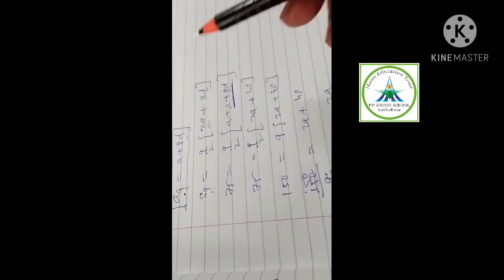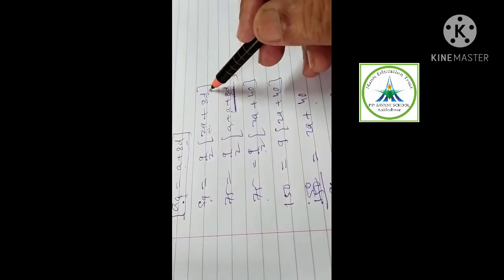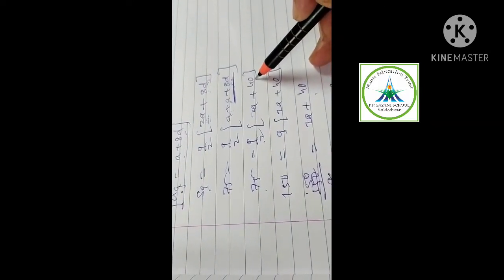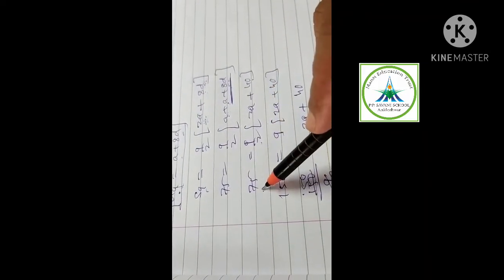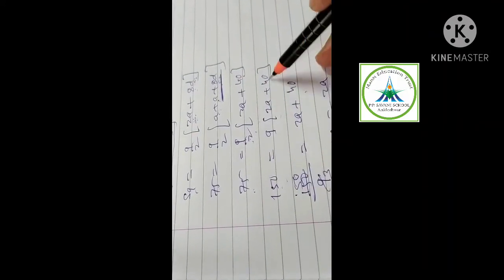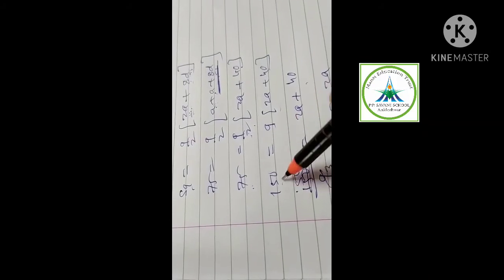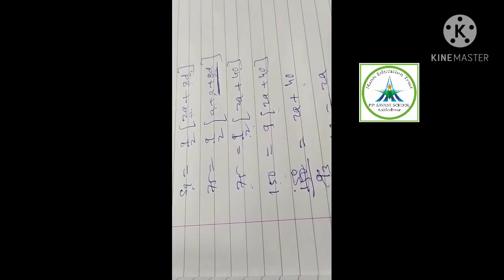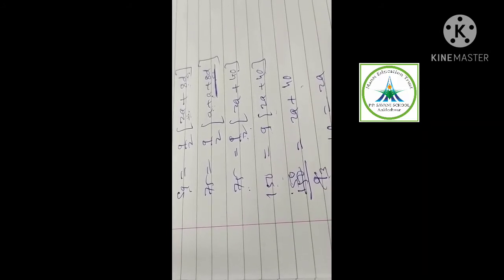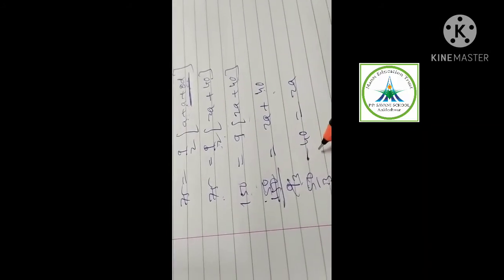Please check properly. See, the S9 formula is written. You have put the value of D. S9 is known, 9 means n value is known, cross multiplication, simplification, divided by 9, cancellation by 3. 40 brought this side, minus 40.